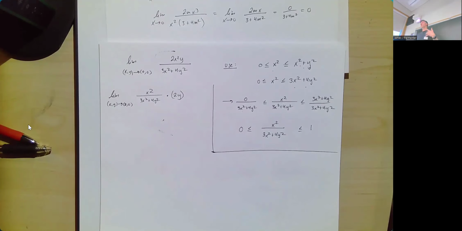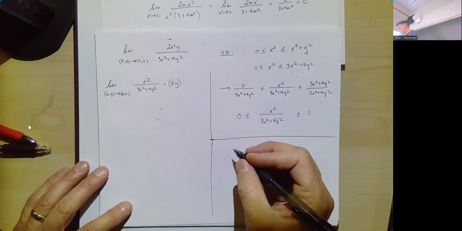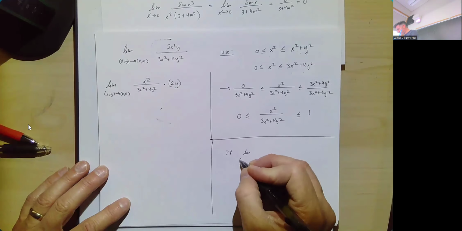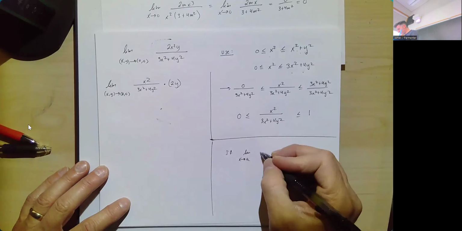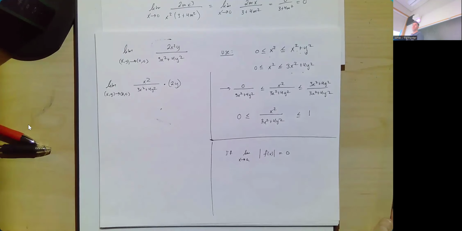Here's something that's true that I don't love to have to introduce, but if the limit of the absolute value of something is 0, then the limit of the something is 0. I'm going to say that again. So if the limit as x approaches whatever of the absolute value of f of x is equal to 0, well, if the absolute value of something is getting closer and closer to 0, then the inside something had to be getting closer and closer to what?